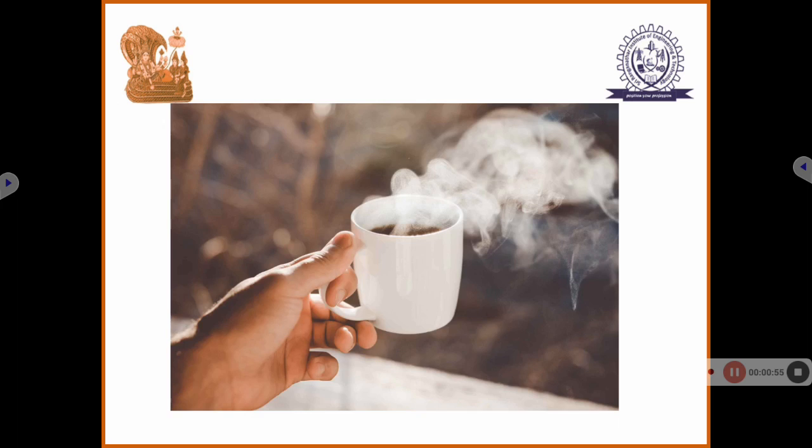Okay. Fine. So what does this picture tell you? A cup of hot coffee. We all know from our experience that a hot cup of coffee left in a room eventually cools off to the room temperature. This is something that we experience in our day-to-day life.